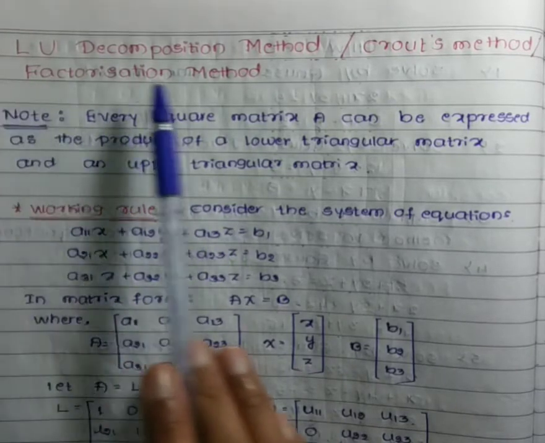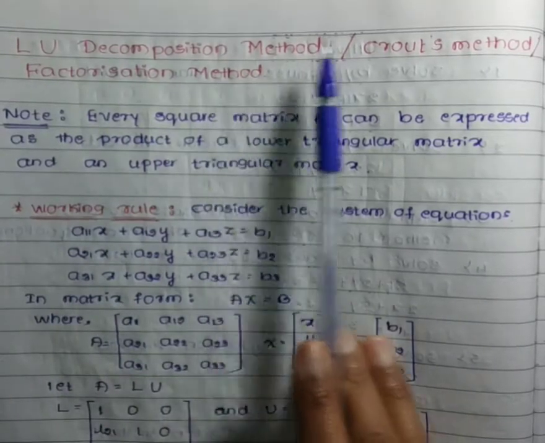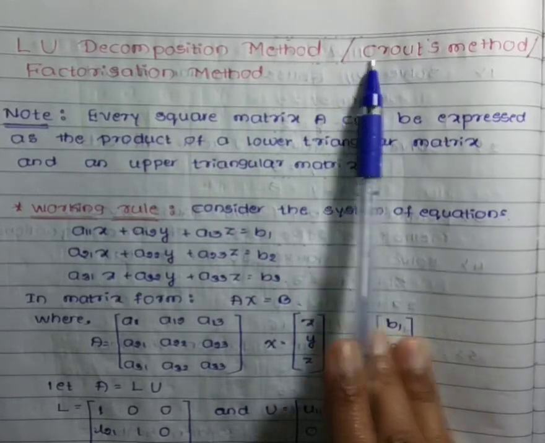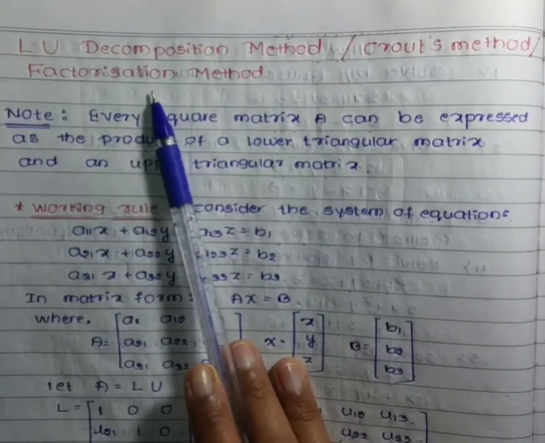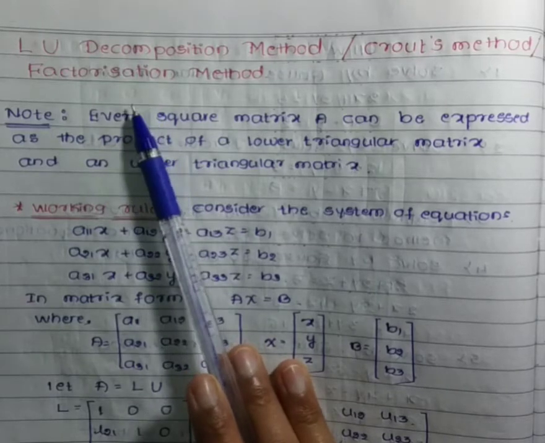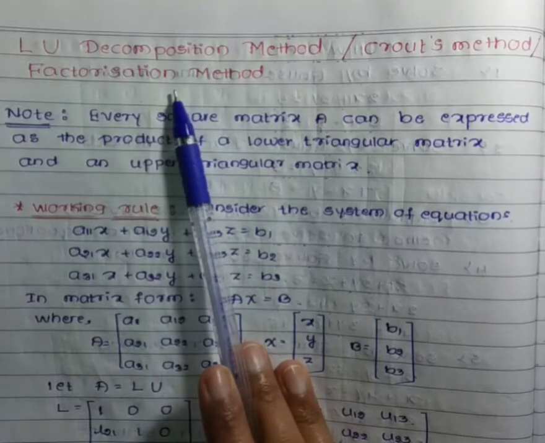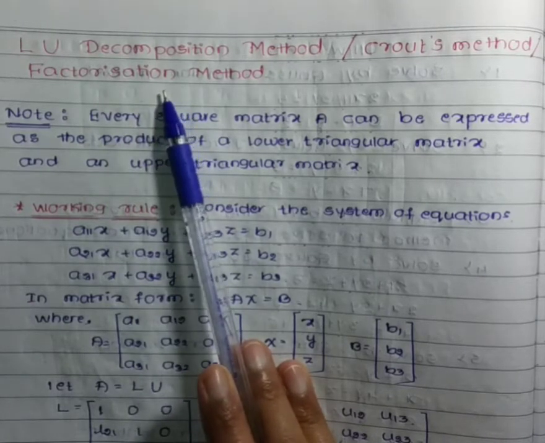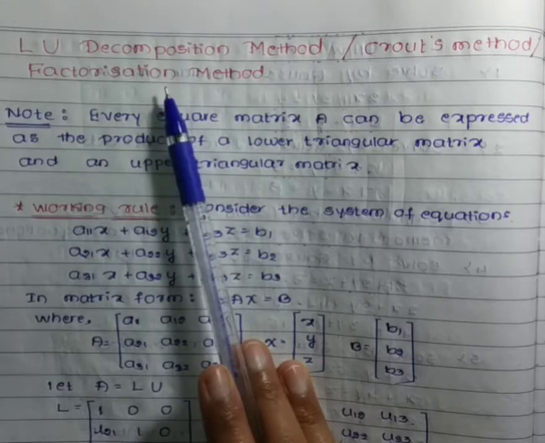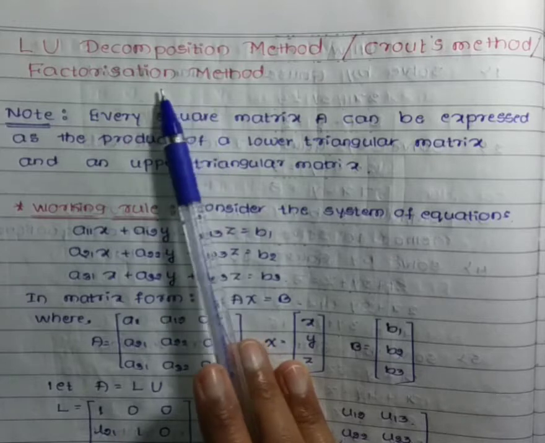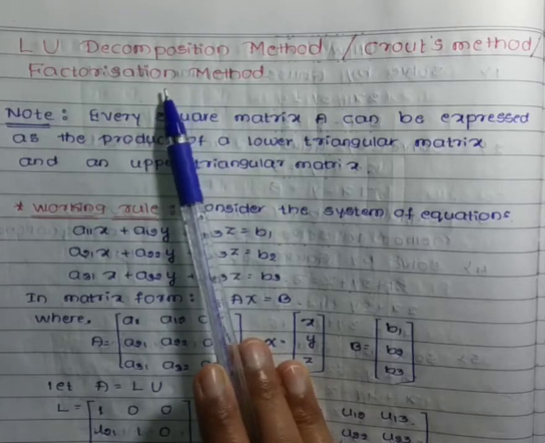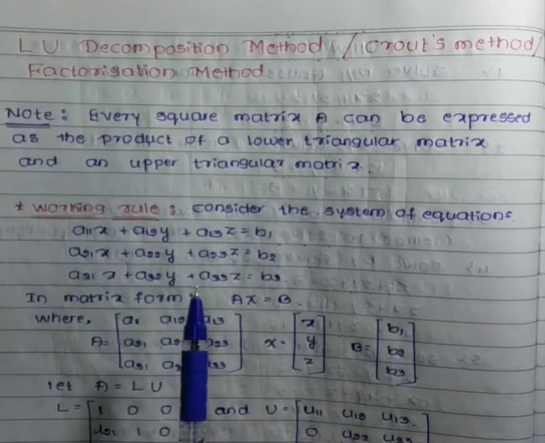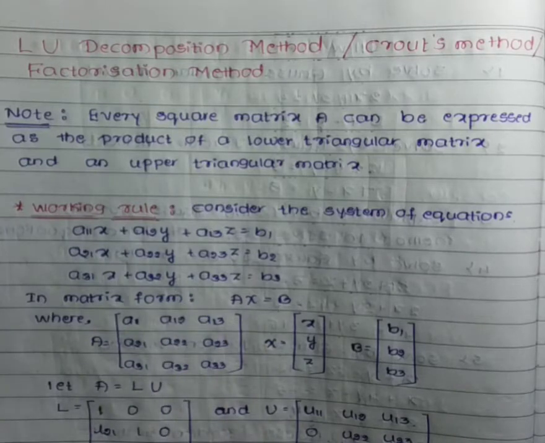See, this LU decomposition method, we can even call it Crout's method or factorization method. This is also a direct method, as we have already studied Gauss elimination method and Gauss-Jordan method. Those two are also direct methods, and this LU decomposition method is also a direct method.